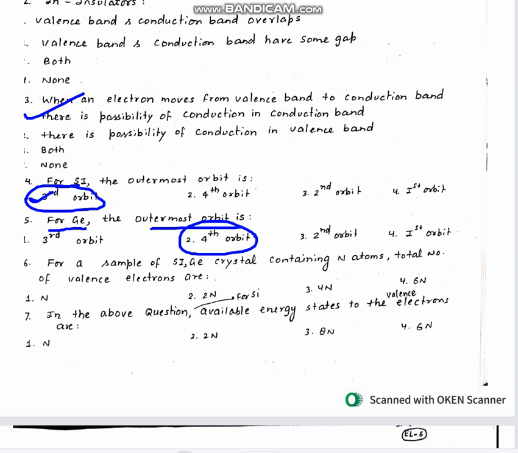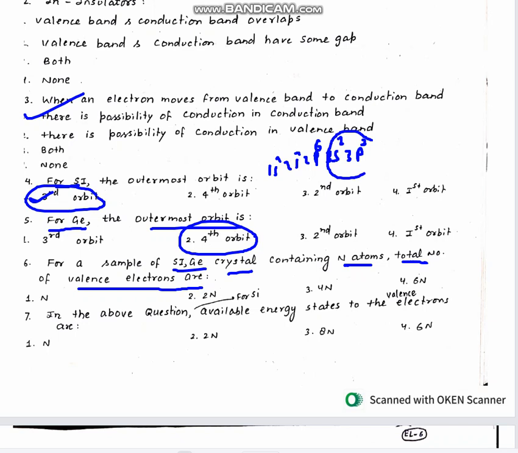Next is: for a sample of silicon or germanium crystal containing n atoms, the total number of valence electrons is asked. The electronic configuration corresponds to 1s2, 2s2, 2p6, 3s2 and 3p2.